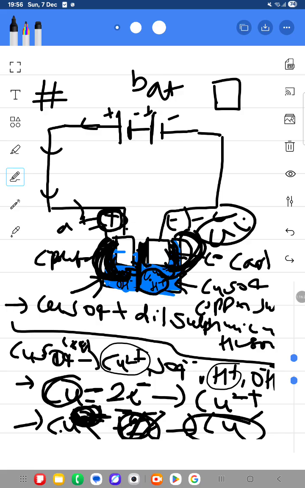First, till here you have understood that CuSO4 solution breaks into four ions: Cu2 plus, SO4 2 minus, H plus, and OH minus. And you have also understood that negative and positive attract. So on this negative side, this copper is Cu2 plus.